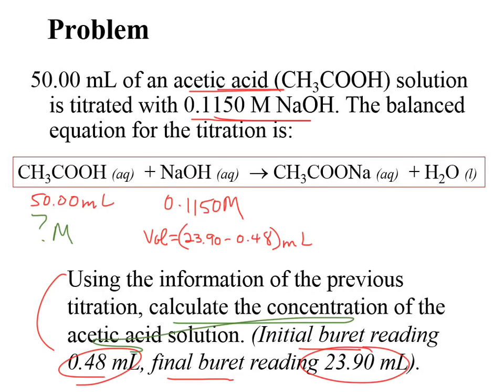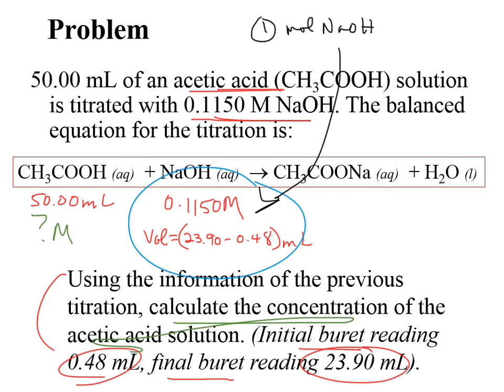So again, what we know most about is the NaOH. So step number one, I'll just put moles NaOH from the stuff. Second step, we get the moles of the other thing, in this case CH3COOH, using stoichiometry.